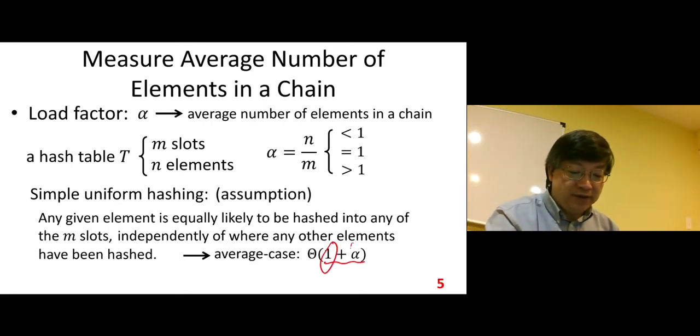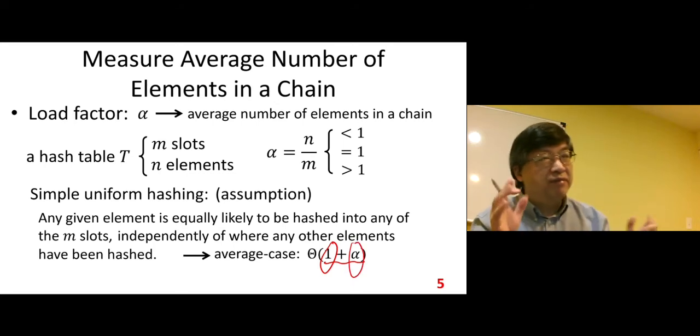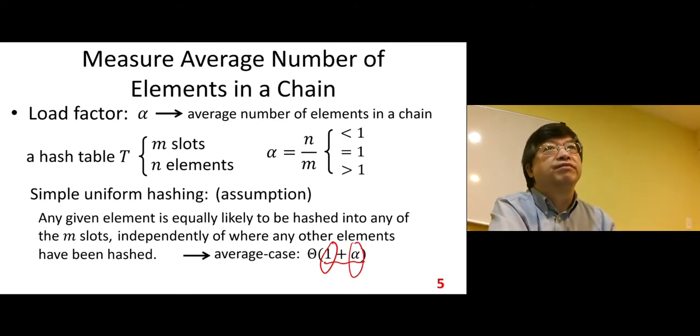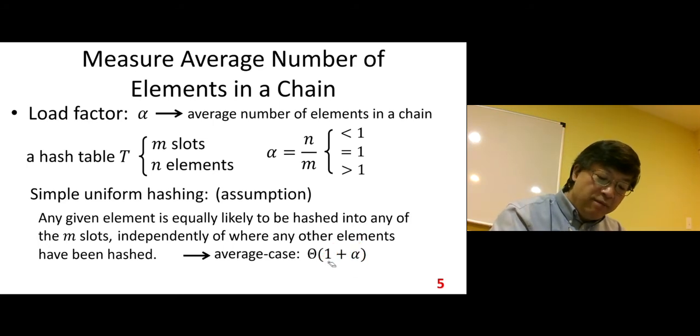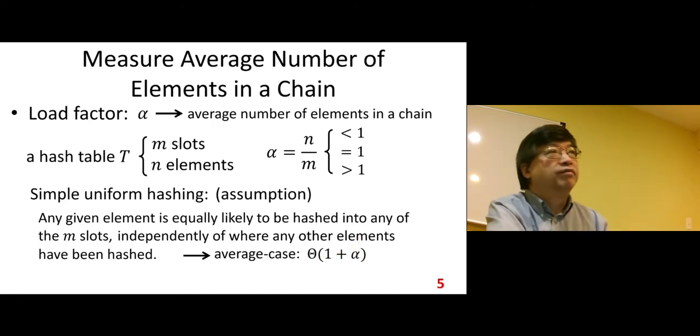So then you need to spend, on average, alpha number of operations. That's why you have this 1 plus alpha as your efficiency description.